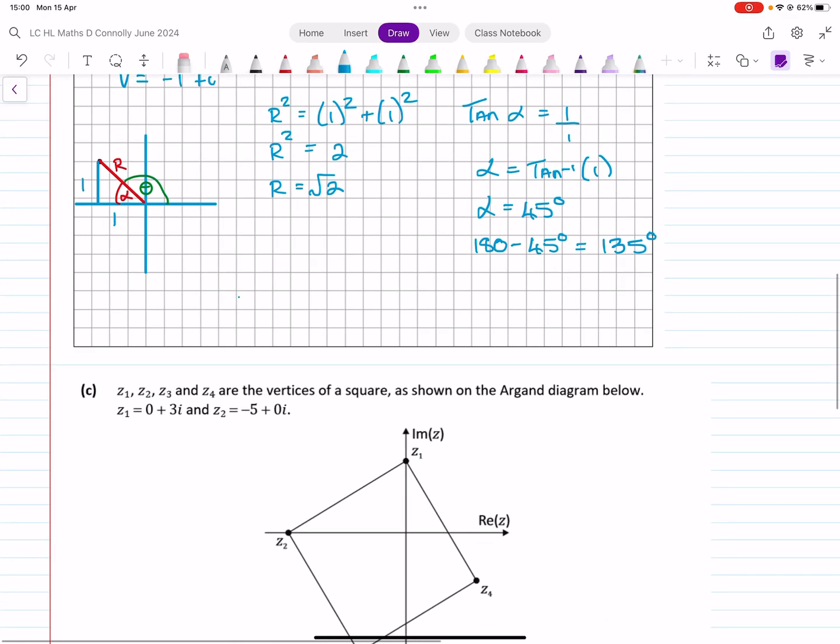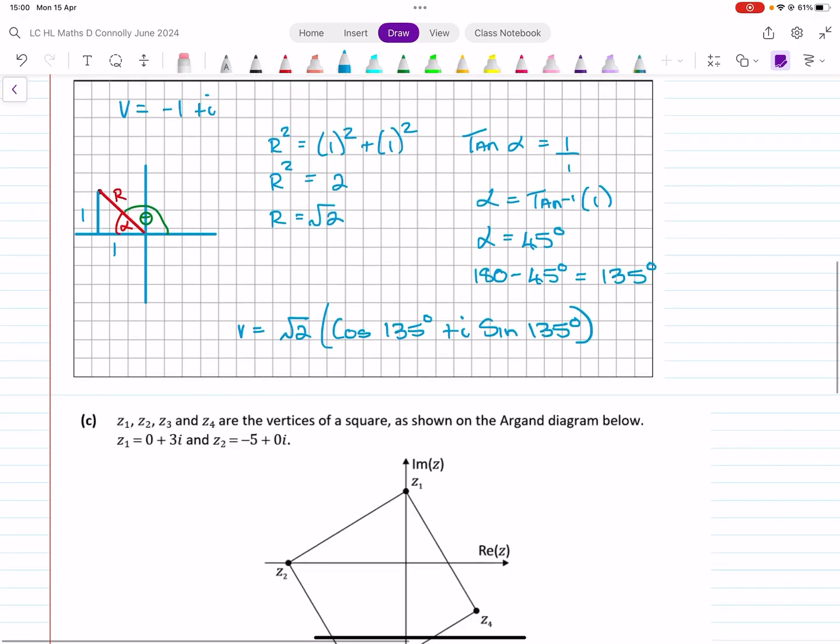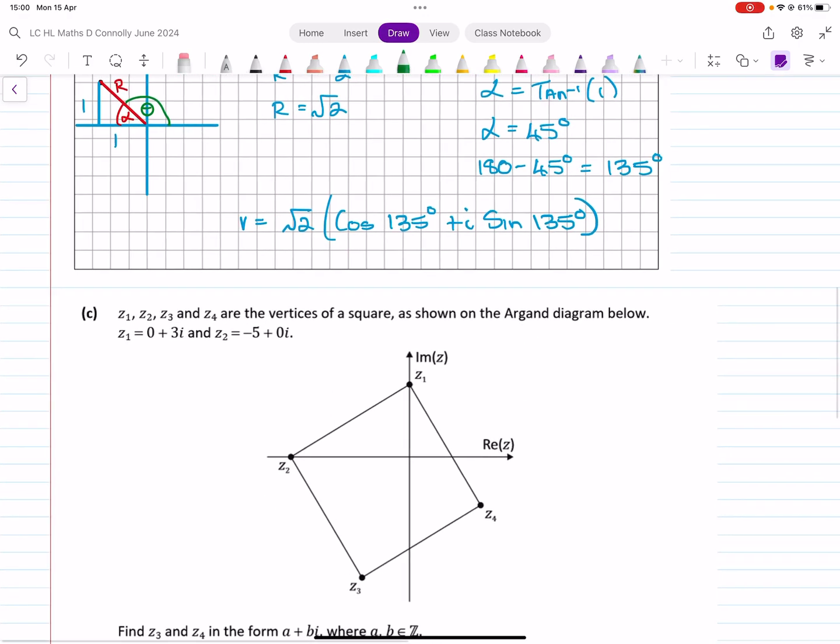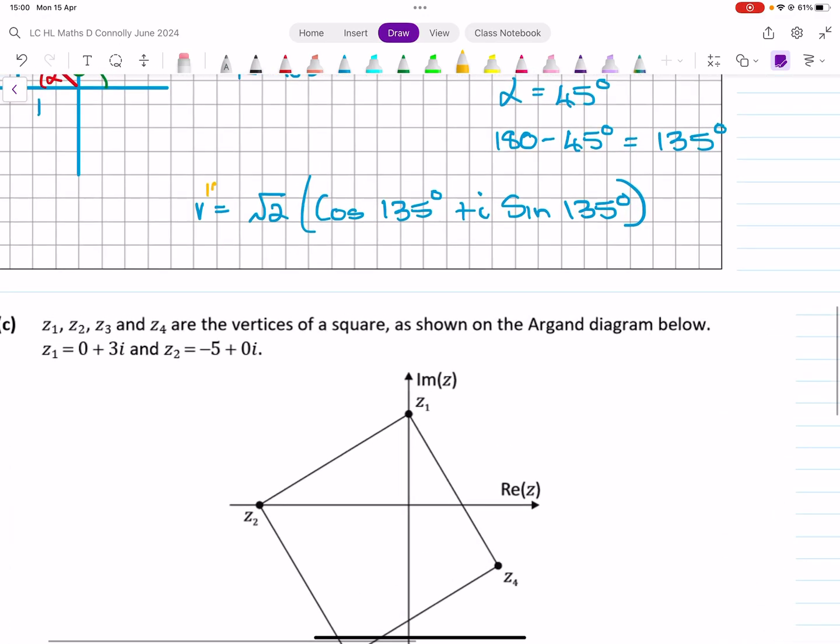So v in polar form is root 2 times the cos of 135 plus i sine 135. And then they want us to raise that to the power of 10. So to raise a complex number in polar form to the power of 10, you raise the modulus to the power, and you multiply the arguments by the power.